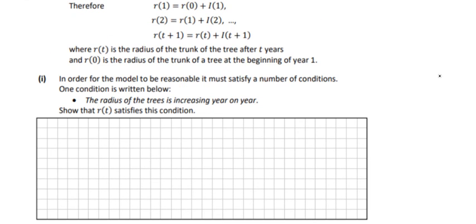The first part, we have to show that the radius of the tree is increasing year by year. So the increase of the tree is equal to 1.5 plus sine of pi t over 5.